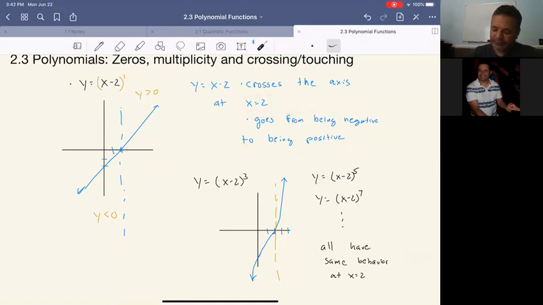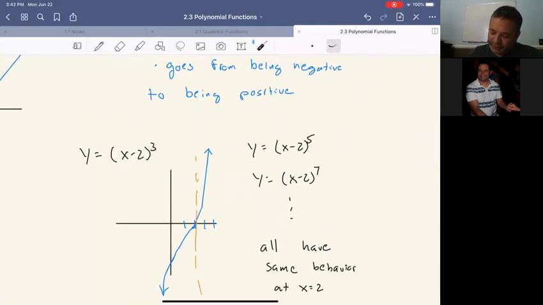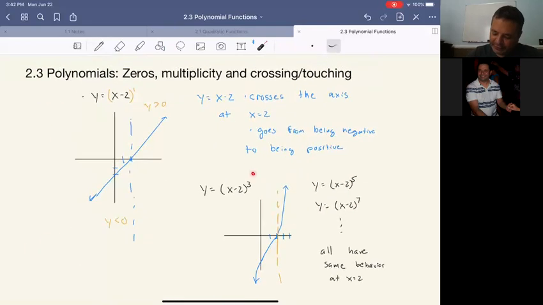All right? Now, these numbers here, the 5, the 7, in this case the 3, in this case the 1, we call those the multiplicity of the zeros. So all of these have odd multiplicity.